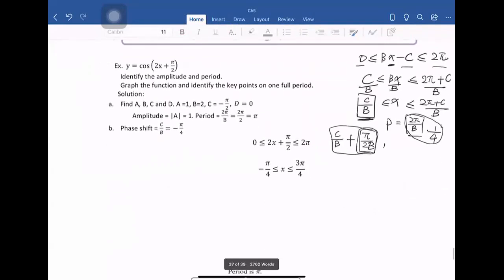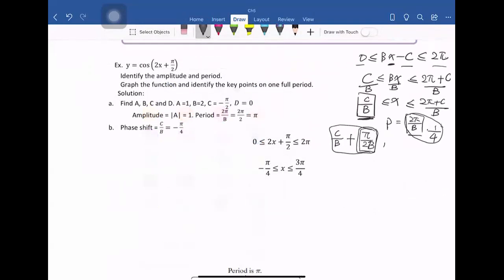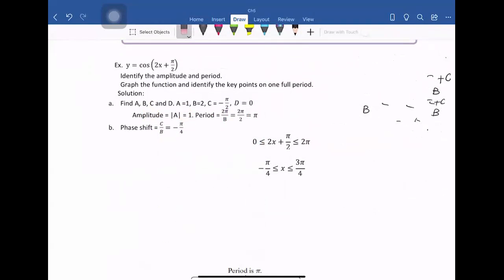We can explain this in the following examples. So for example here, read the question. You can pause the video and read the question. Here we see y equals cosine of 2x plus pi over 2. We have learned that cosine looks like this.